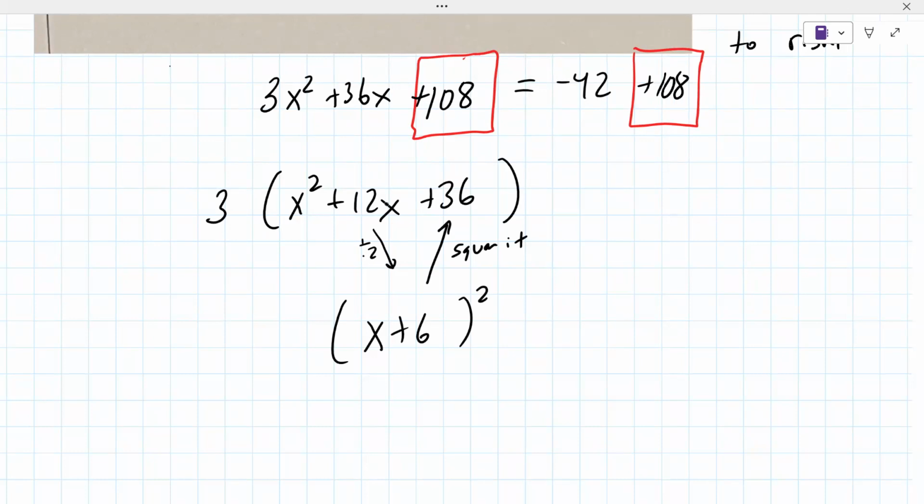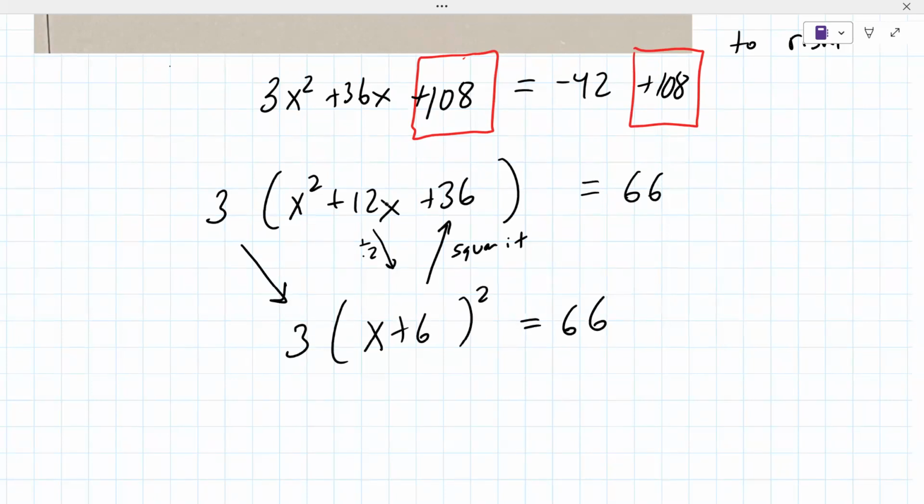Is that okay? Clear? Yes. So now on the right, it becomes -42 plus 108, which is 66. Does that look right to you? Seems okay? Yes. Bring the 3 down.